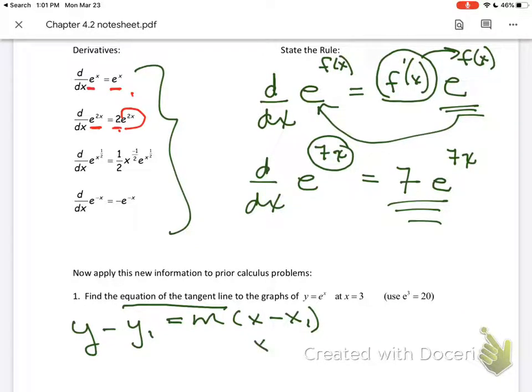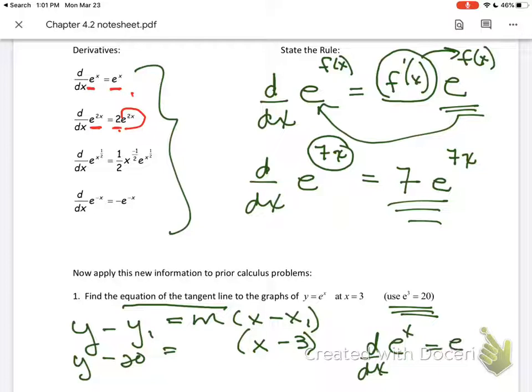So right away, what do I know? I know this has to be 3. Then they tell me use e^3 equals 20. That makes this 20. Now, if my function was e^x, what is that derivative? That should just be e^x.